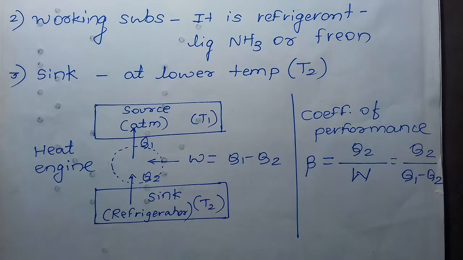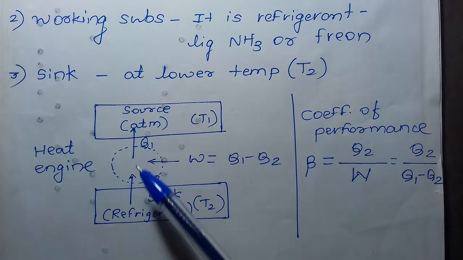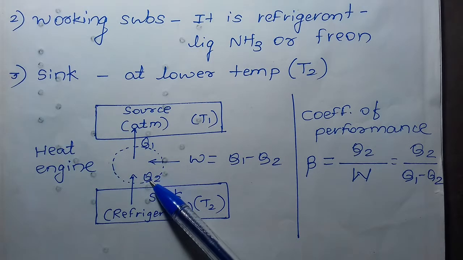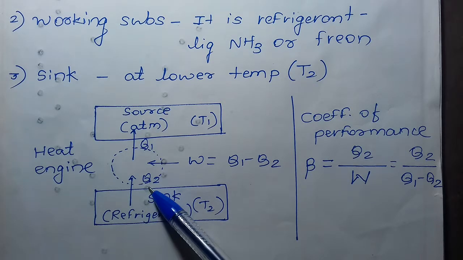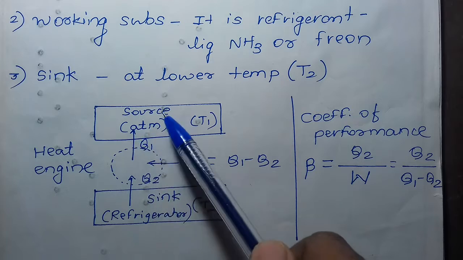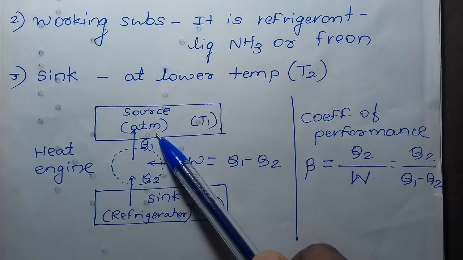So this is the refrigerator diagram. It takes away heat from the sink. Sink means refrigerator. It takes away heat from the sink and gives out energy to the atmosphere.